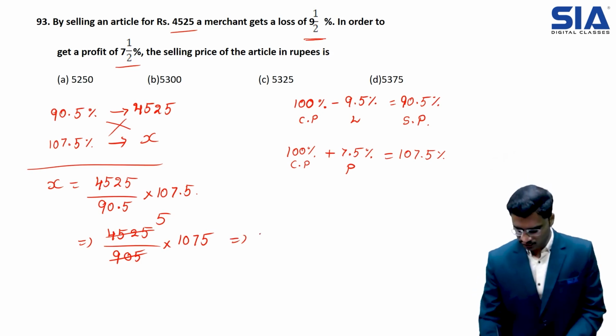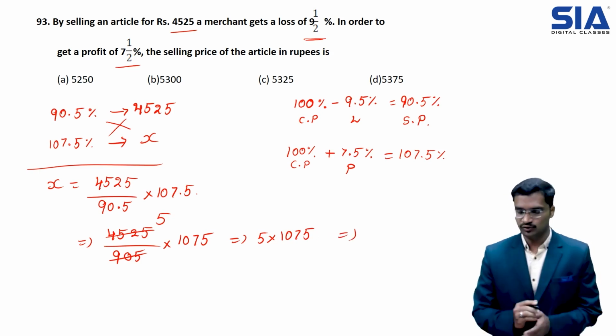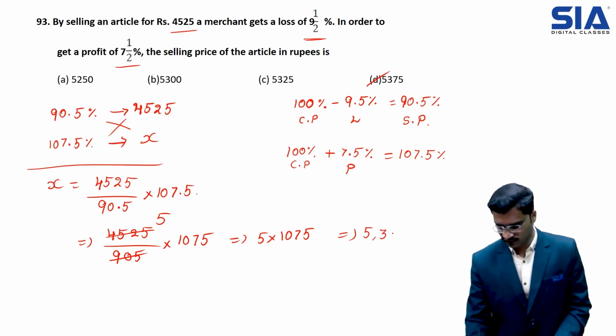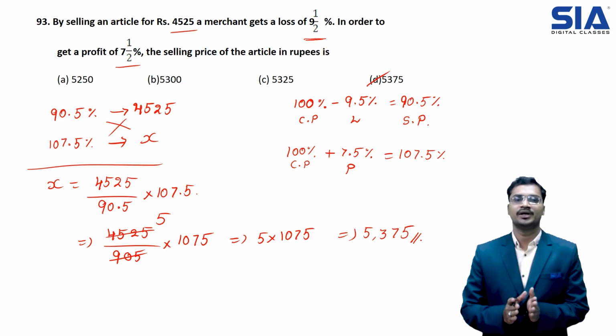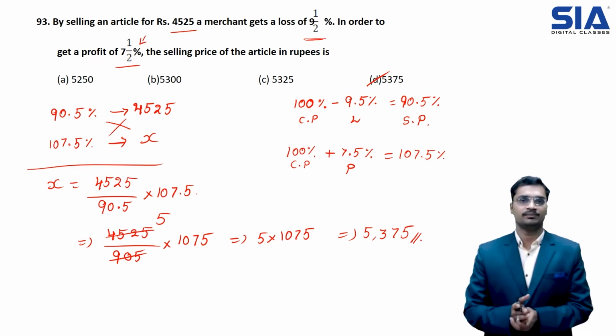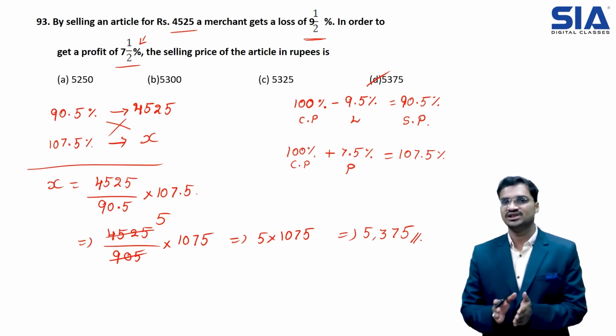So our answer is 5 into 1075. So 5 into 1075 is 5,375. So that is the selling price of that particular article. In this question, he asked for the selling price when we are getting a 7.5% profit. So he should sell that particular product for 5,375 rupees.